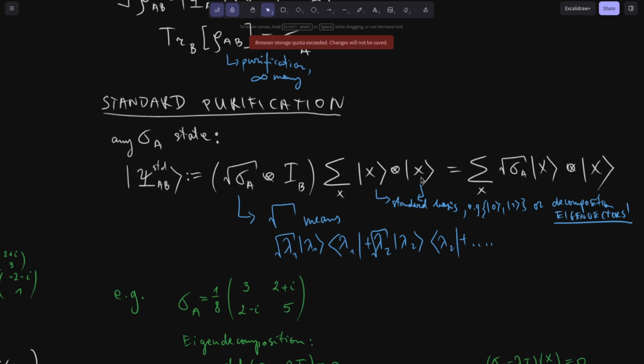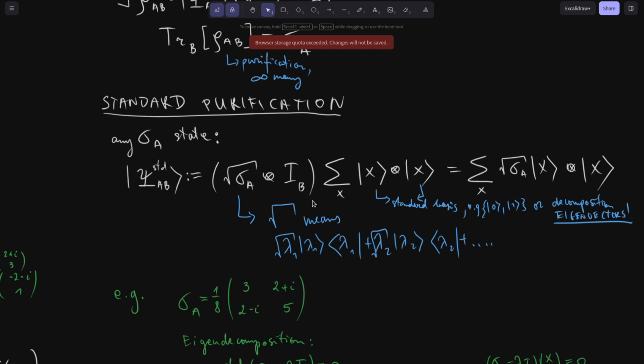And then we sum through all the standard basis states. It could be a decomposition with eigenvectors, for example. It could be any standard basis, but usually it's gonna be just eigenvectors because we can do the eigendecomposition with that.